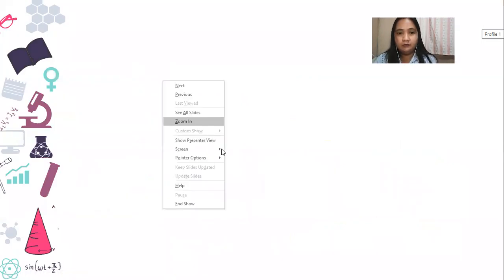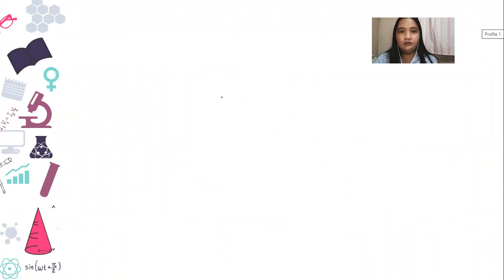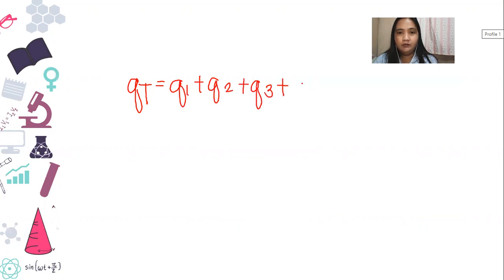Okay, let's get my pen tool. Let's be clear. For our final or total Q, that's Q1 plus Q2 plus Q3 plus Q4 plus Q5. Just add them all up together and we got what?